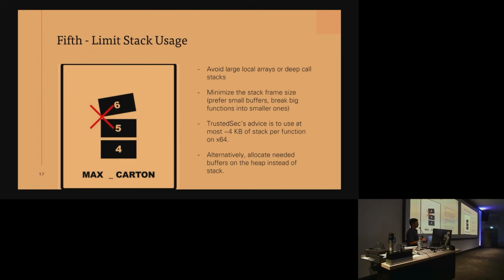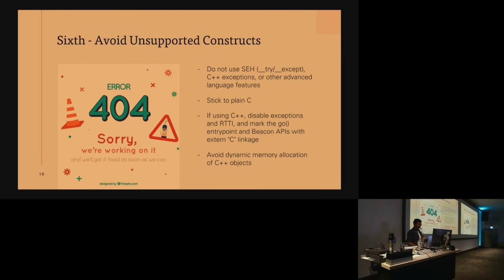You can use if and switch statements, but try not to use recursion. And if there are large functions in your beacon object file, you can minimize them by breaking them into smaller ones, or try to use small buffers, or alternatively you can allocate needed buffers on the heap instead of the stack. And heap memory is basically unlimited in the beacon object file.